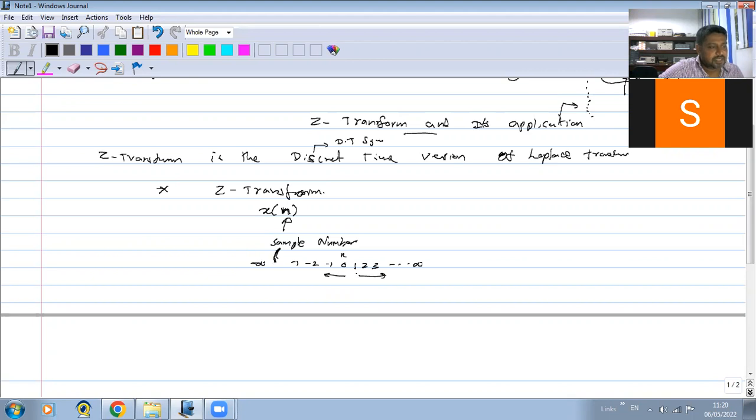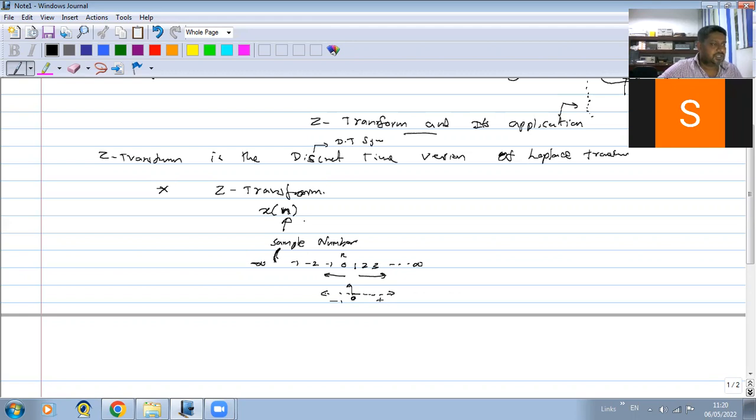If we refer to the sample at the origin as the zeroth sample, the right hand side samples are referred to as plus samples, and the left hand side samples are referred to as minus samples. I think you know this already.